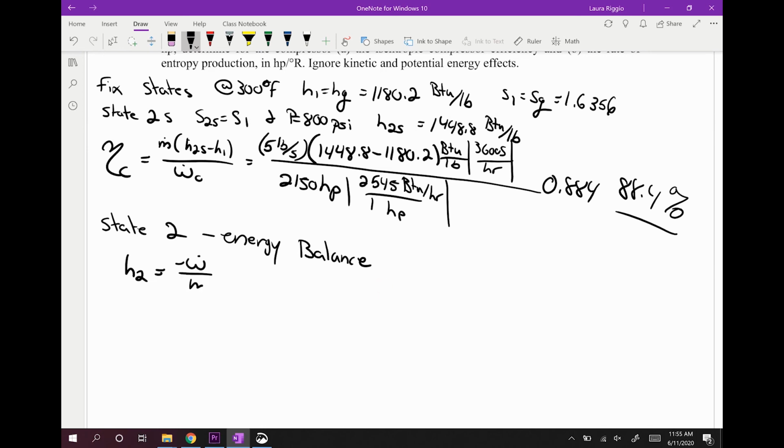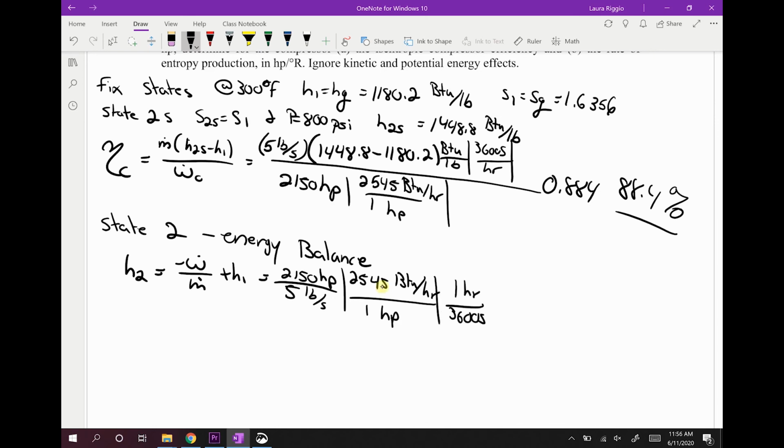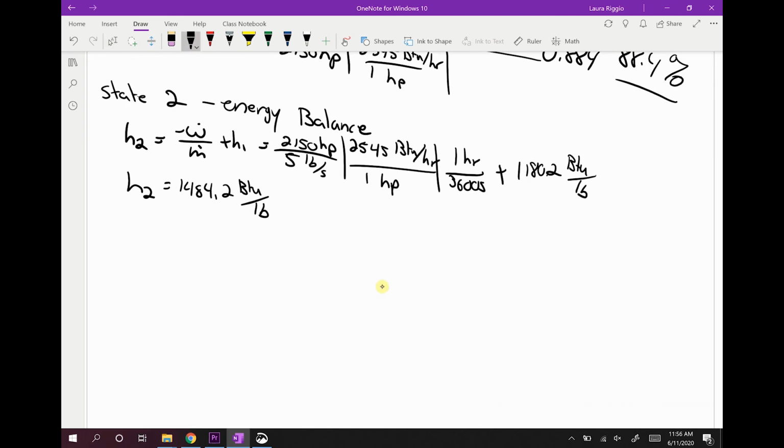H2 is equal to our work plus H1, which is 2150 horsepower, 5 pounds per second times... So we're going to look up P is equal to 800 psi and H is equal to 1484.2.